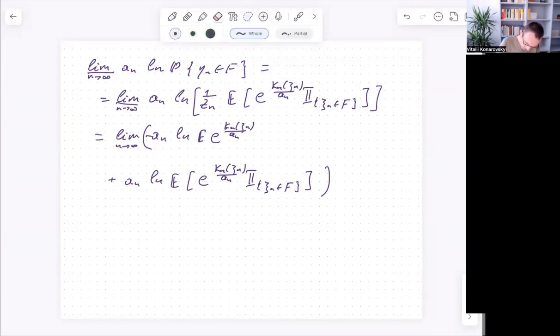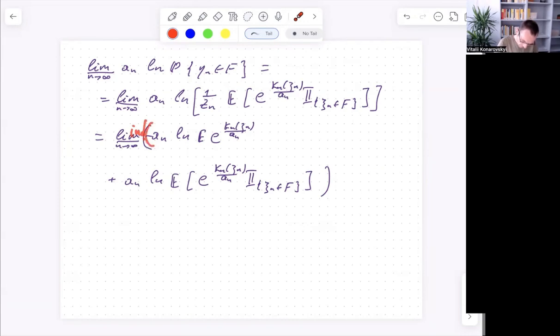And then you can continue, writing that as a product. Now you estimate similarly, but now you want to put infimum here.